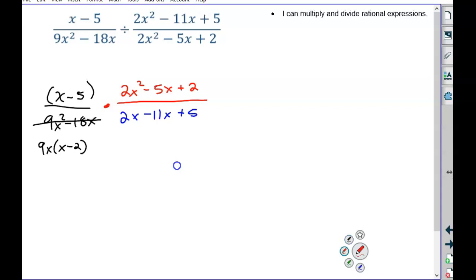And then we get to the numerator of the second fraction, and this is where we just got to show a little bit of work. So I'm thinking of this as side work. We're going to do the box with the circle in it.